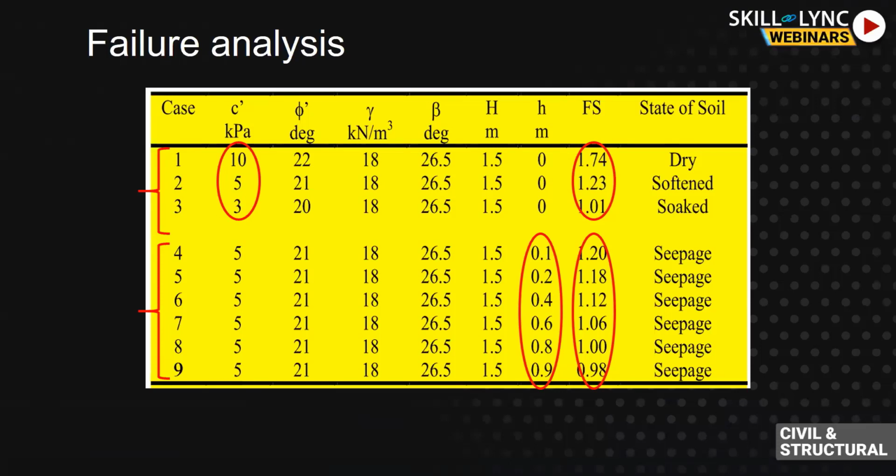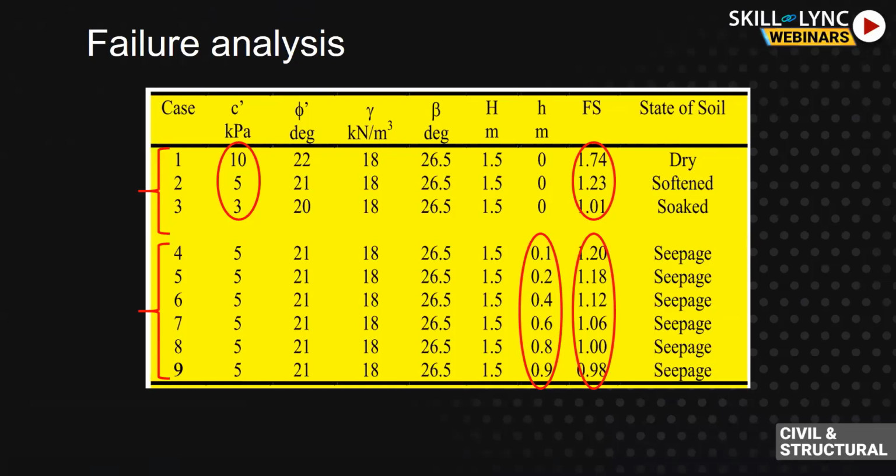But what happens here is, at any particular instance, due to heavy rainfall or whatever reason, if the cohesion reduces to 0 or anything close to 0, the resistance against failure of the slope is only due to the friction of this clay material, which is only 21 degrees, much less than the slope angle of 26.5.